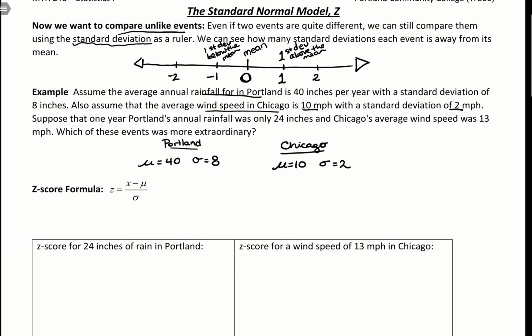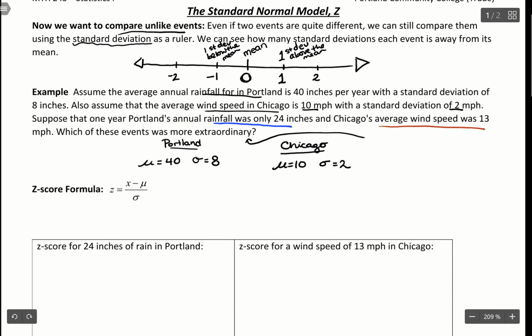And what we want to do is, where we see these two events, Portland had a rainfall of 24 inches, Chicago had a wind speed of 13 miles per hour. Which of these two events were more extraordinary? Which just means which was furthest from expected, or rather furthest from the mean.